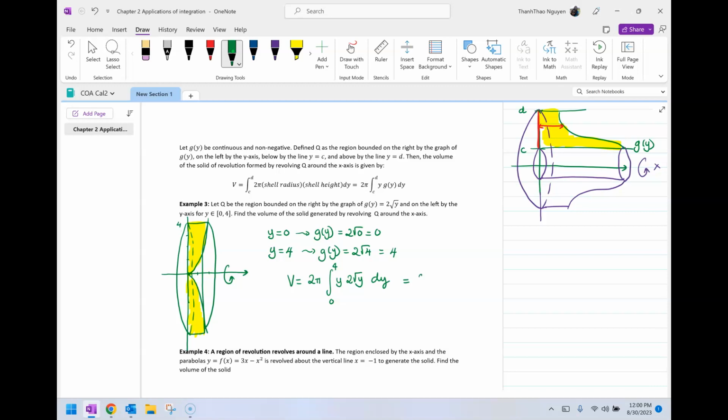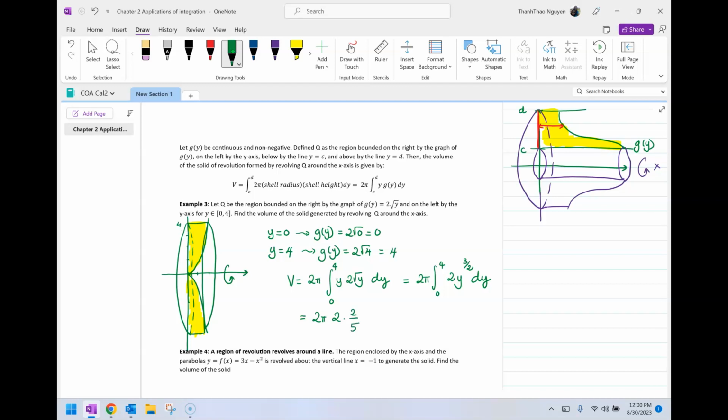So then we have 2 pi integral from 0 to 4 of 2 times y to the 3/2 dy. Evaluate this integral. So you're looking at 2 pi, 2 times, 3 over 2 plus 1 makes 5 over 2.